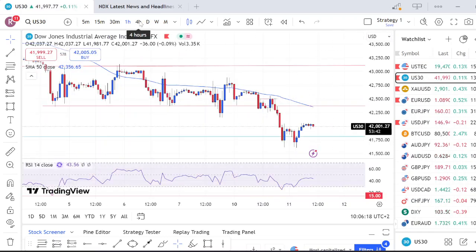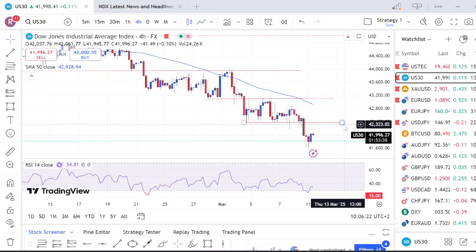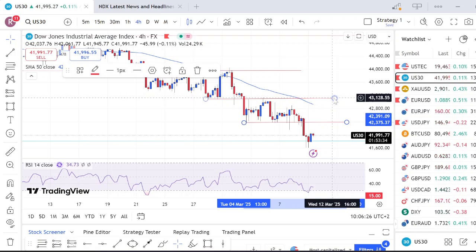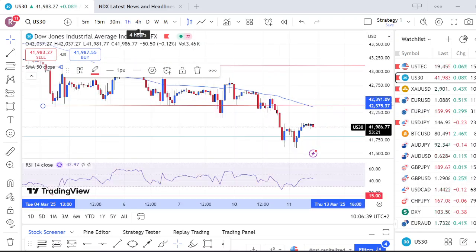Moving on to US 30, we can also see here that instead of retesting the break and retest here at 43,100, price actually just broke below at the open. There were some bullish signs initially, but ultimately the markets moved bearish more than anything else.